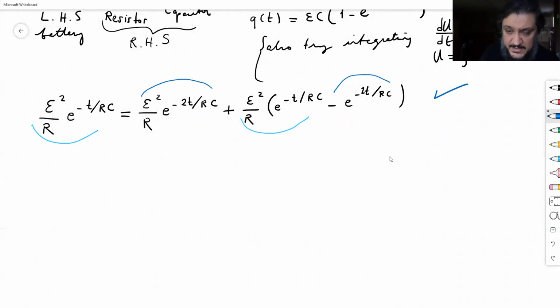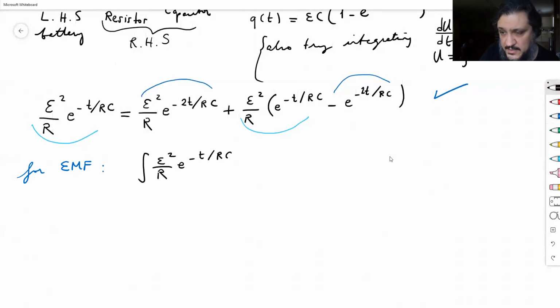So for the battery, for the EMF, here's the integral I'm considering now. The thing on the left-hand side, right? I'm integrating E squared over R times e to the negative t divided by RC. I'm going to integrate this from 0, that's when I turn on the switch and start charging up, to some arbitrary time t.